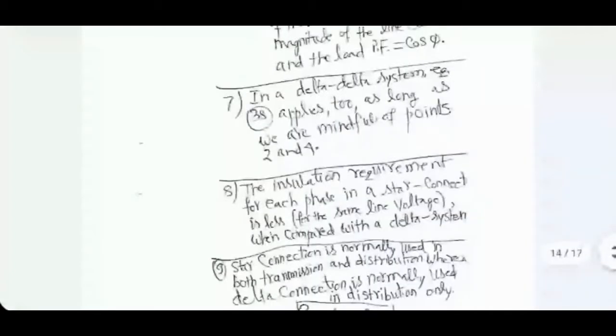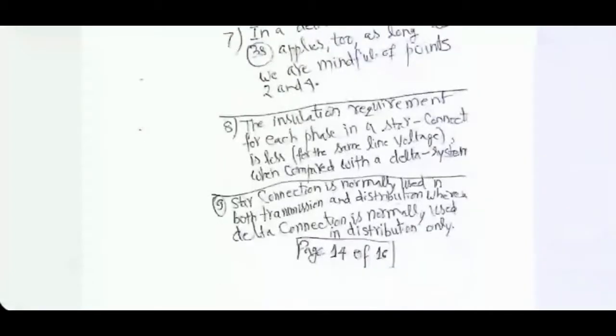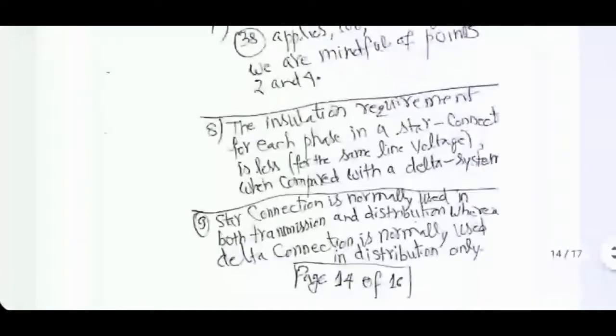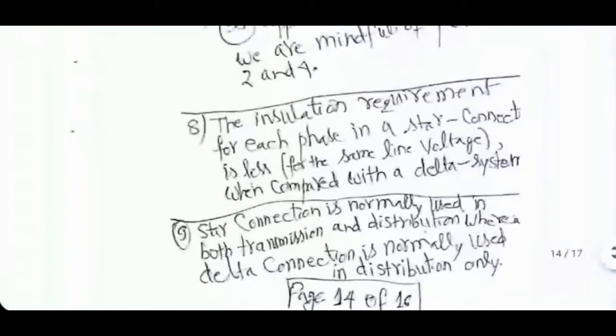Now, other practical aspects when you compare Y systems with delta systems. What are the pros and cons? The insulation requirement for each phase in a star connection is less, because in a star connection, the phase voltage is lower than the line voltage.